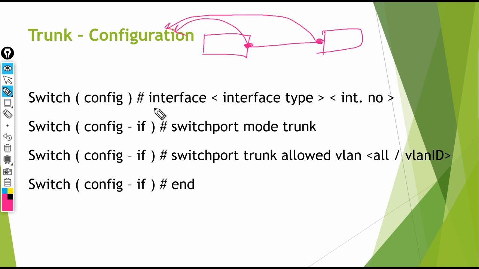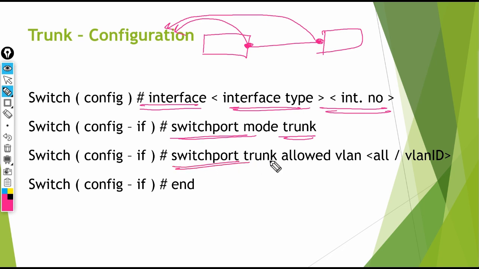So what to do? Go to interface mode and configure this: switchport mode trunk, and then switchport trunk allowed vlan all, which is by default. This is there by default. But if you want a port to carry specific traffic, you can say this as well.